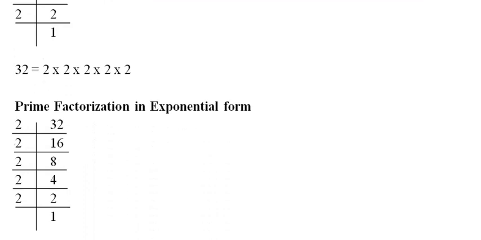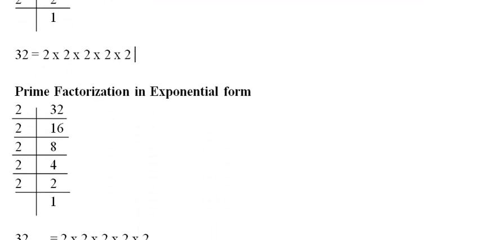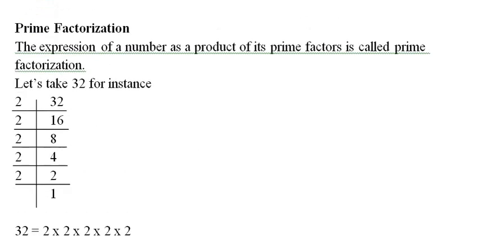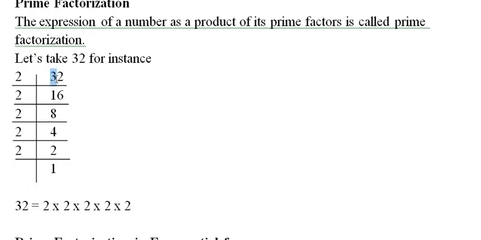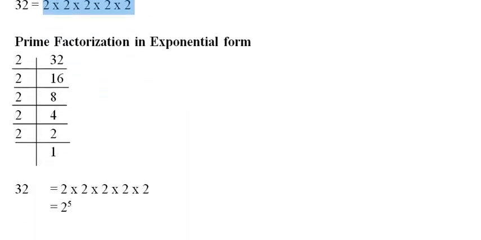Now prime factorization in exponential form. How to show this? We have already shown 32 as a product of its prime numbers. Now if we count the number of 2s that are repeating and write it in the exponential form like this, then it is known as prime factorization in exponential form.